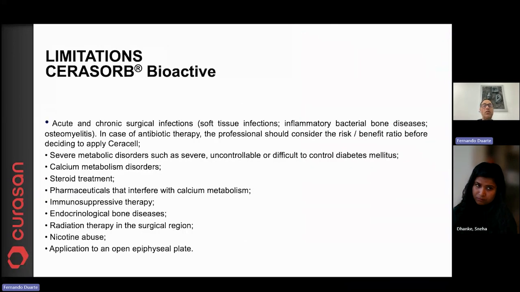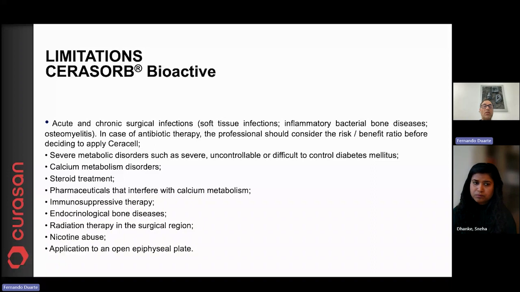Okay, with these 2 cases, I can show you what we tested with the bioactive. And the final slides are trying to tell you about limitations and advantages of this biomaterial that we found.